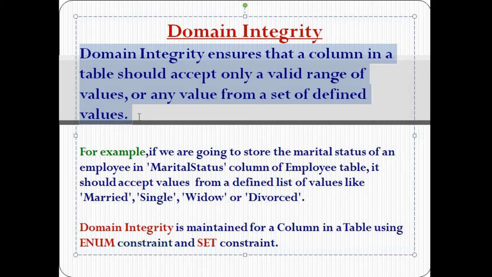That means there will be a domain which shall consist of a set of acceptable values for a column inside a table to choose. Any values outside of the domain shall not be acceptable and will be invalid for that column.